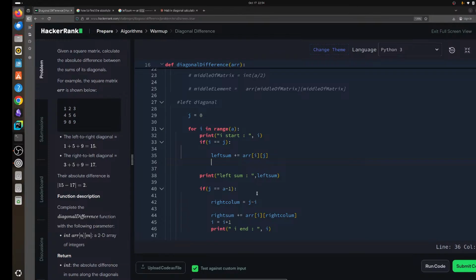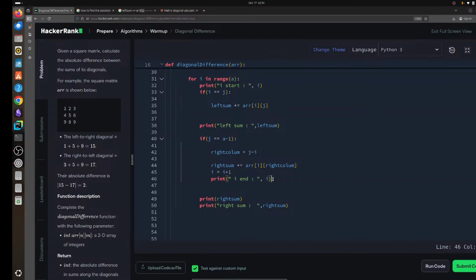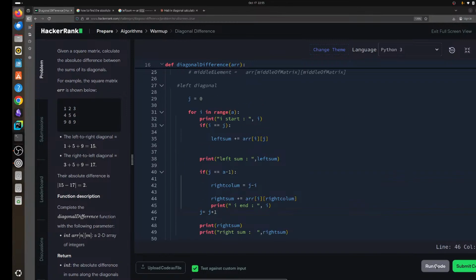After the line execution, J will increment in the last. J equals to J plus 1, right? Then run code.